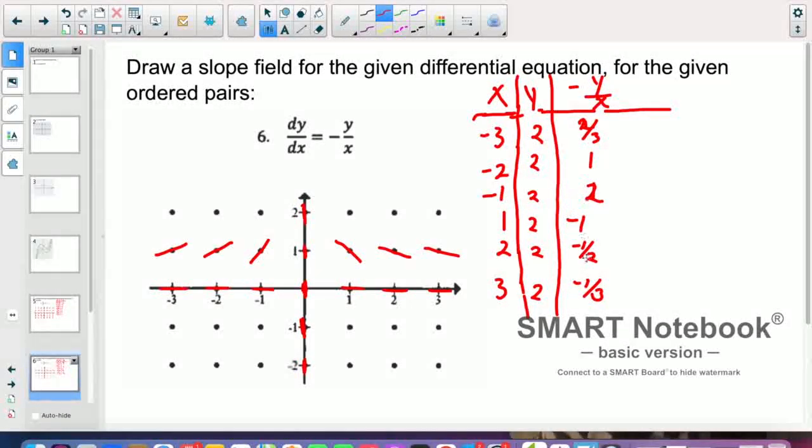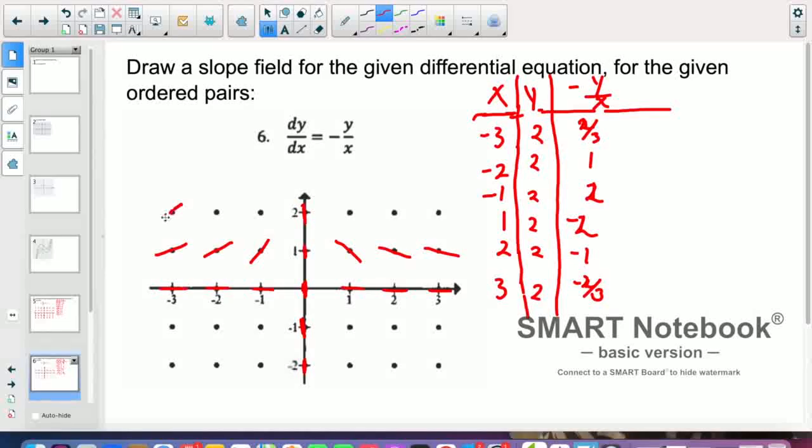You can see how I can just fill this in real quickly. This would be a -2 over 1, which would be a -2. That would be a -2 over 2, which would make this a -1. And then if you plug in 3, 2, negative 2 over 3, that would be a negative 2/3. All right, so at negative 3, 2, a 2/3 slope.